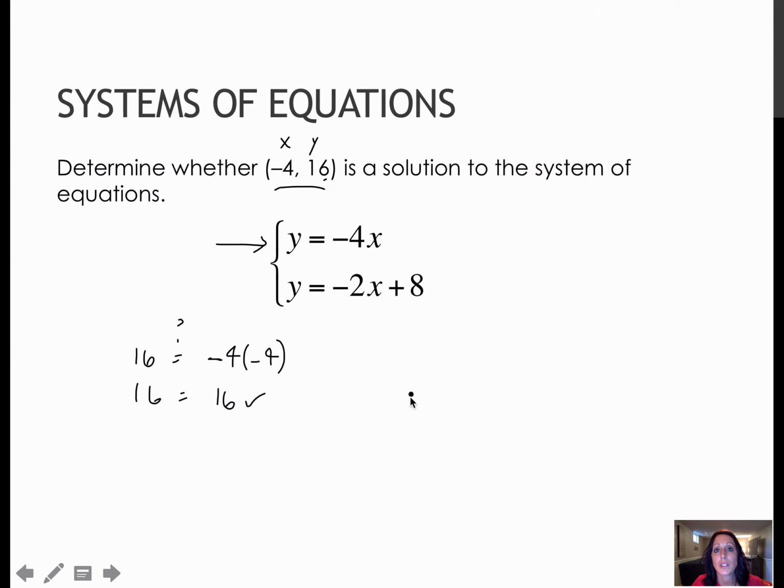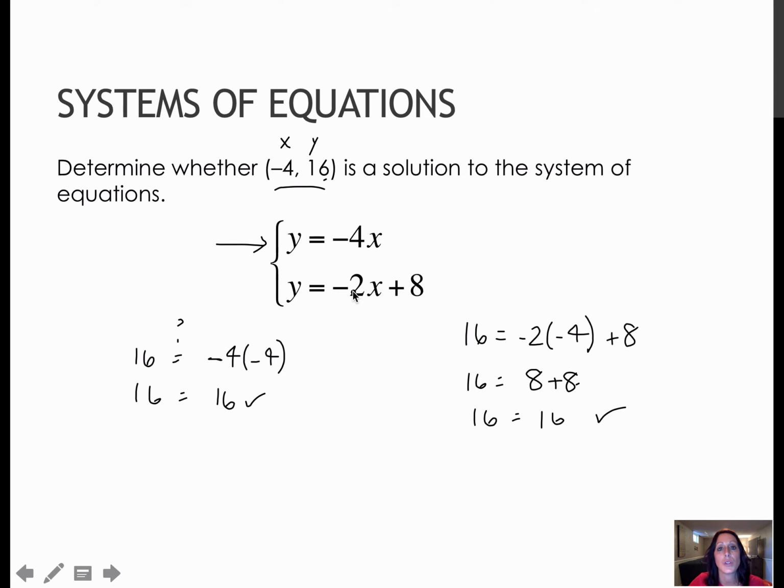In order for it to be a solution of the system, it also has to go through (-4, 16) on this equation. So again, I'll take y and replace it with 16. I'll replace x with -4, and then I will do the math. -4 times -2 is positive 8, and 8 plus 8 is 16, and 16 does equal 16, and therefore it is a solution.